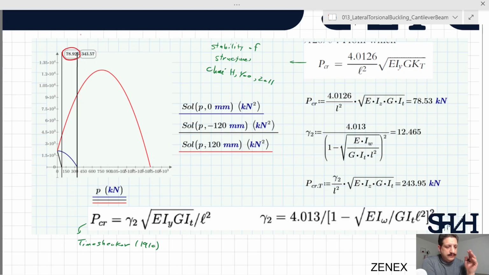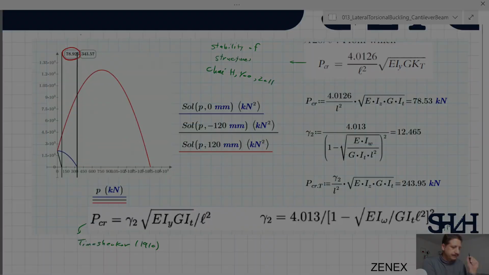And also, if we increase the number of parameters, for example, A, B, C, and D, we can see that it will be closer to the exact and accurate value. And also, it can be modeled in FEM software.